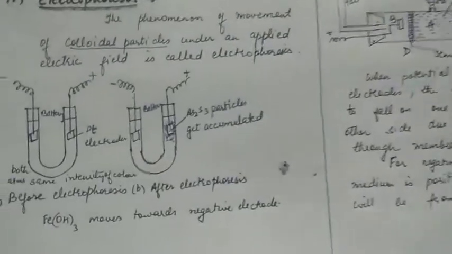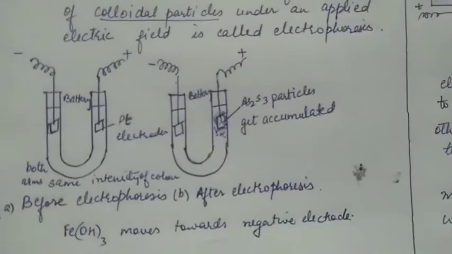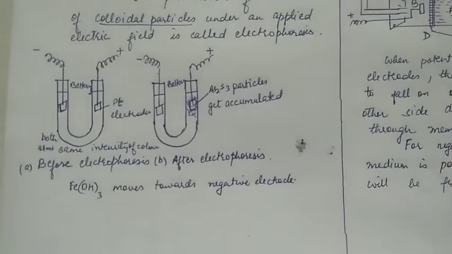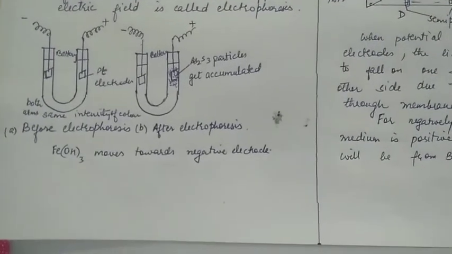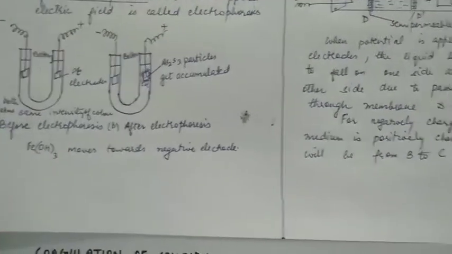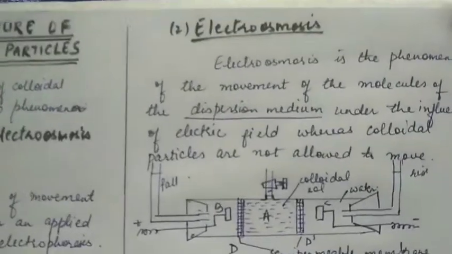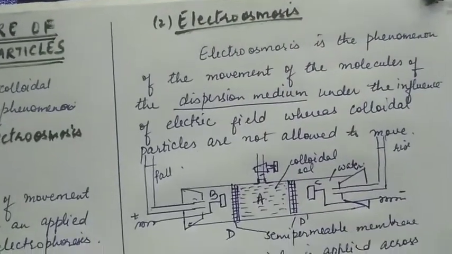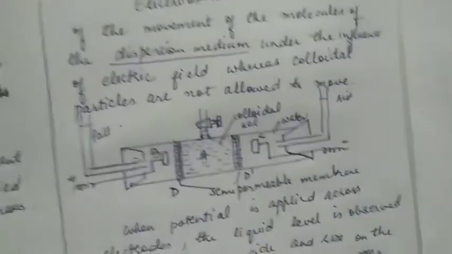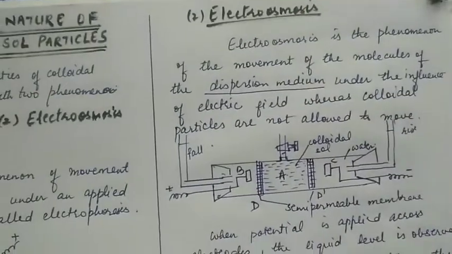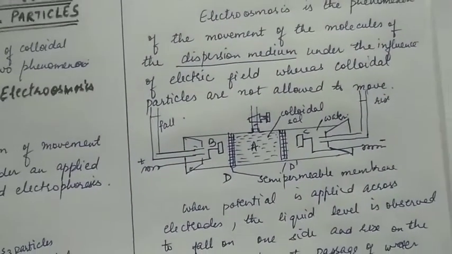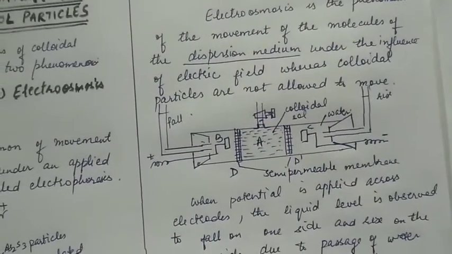If the movement of colloidal particles is hindered or restricted, in that case the medium particles move in the opposite direction, and then the phenomenon is called electro-osmosis. So electro-osmosis is the phenomenon of movement of molecules of the dispersion medium under the influence of an electric field, whereas colloidal particles are not allowed to move.